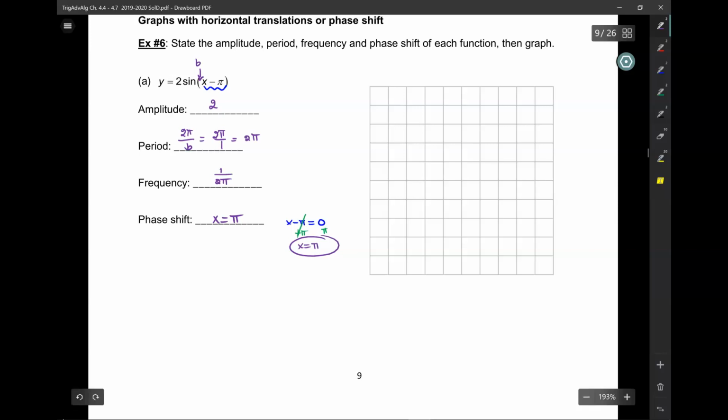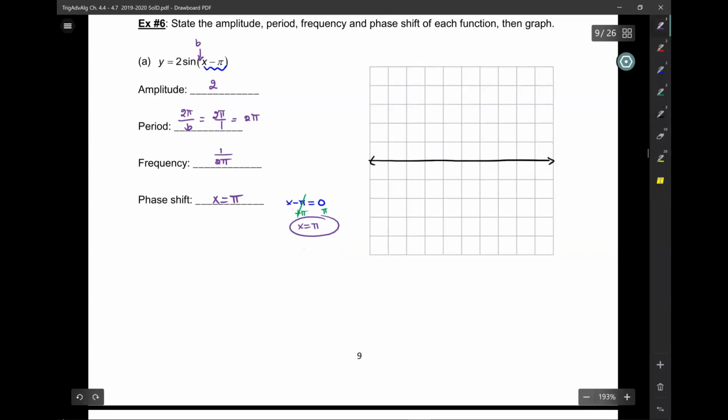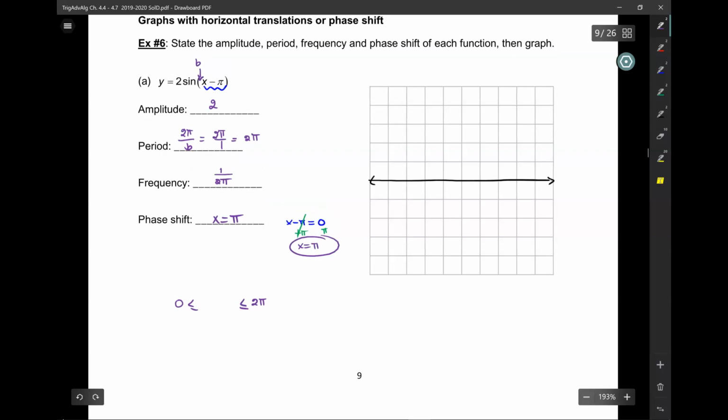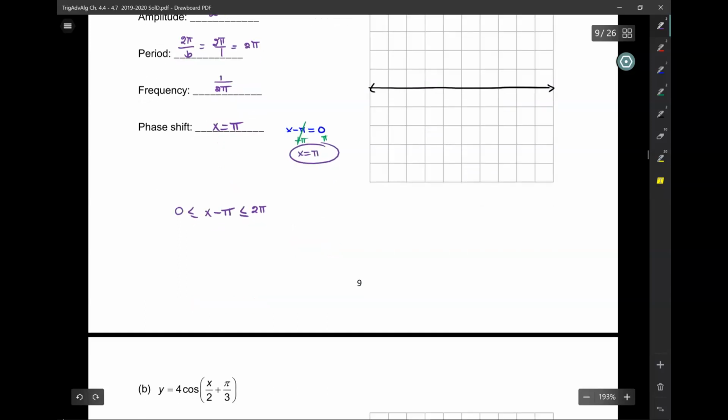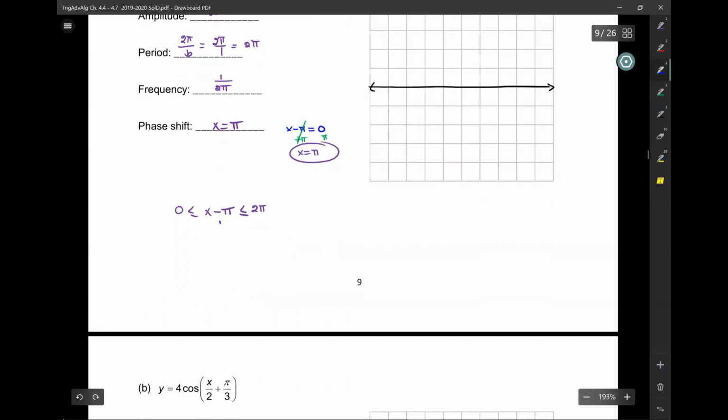All right, so how are we going to graph this? We're going to do the same exact thing. Remember how we were going from 0 to 2 pi? This time, I need to put this entire thing in the parentheses, right? So x minus pi. Okay, now add pi everywhere.